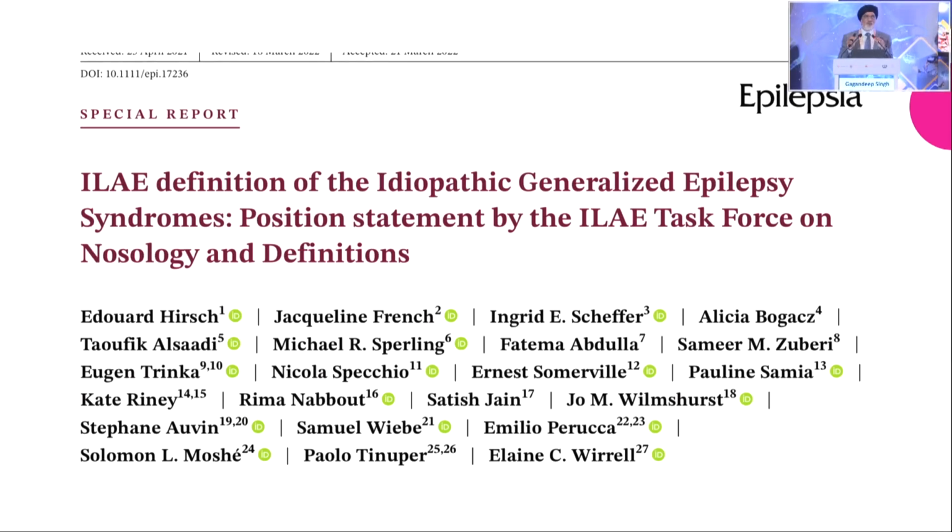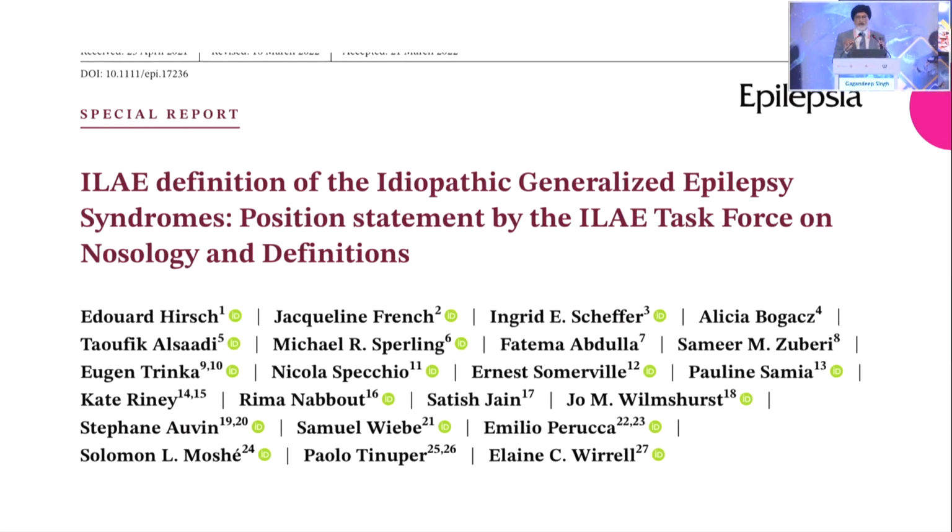So, what are the idiopathic generalized epilepsies? You know that sometime back, I think it was the 2010 classification, or I don't remember the dates, there was this huge move to convert from idiopathic generalized epilepsy to genetic generalized epilepsy.